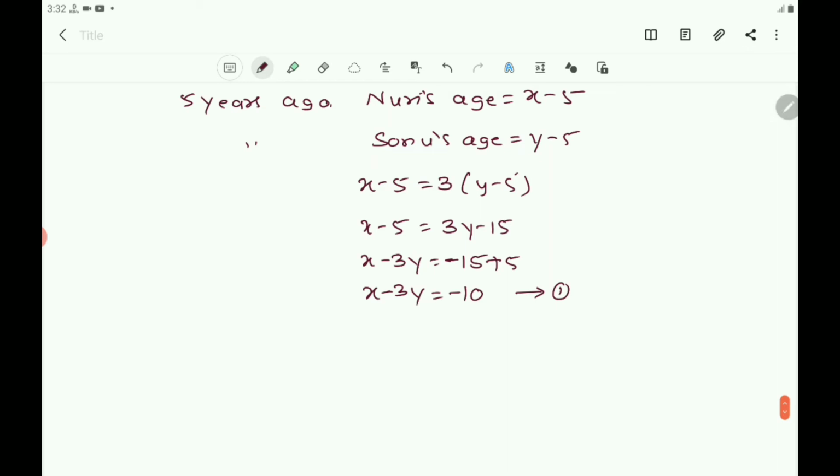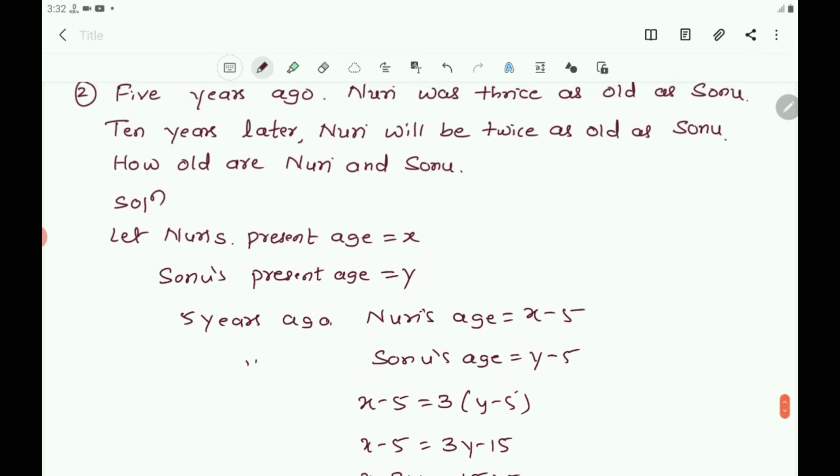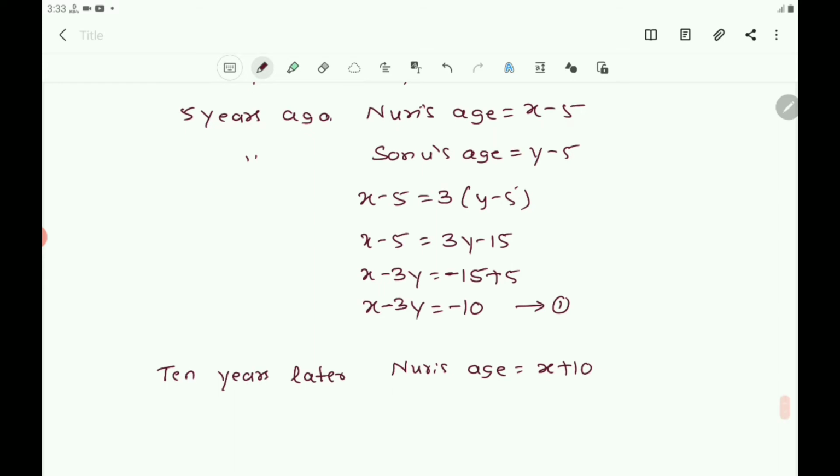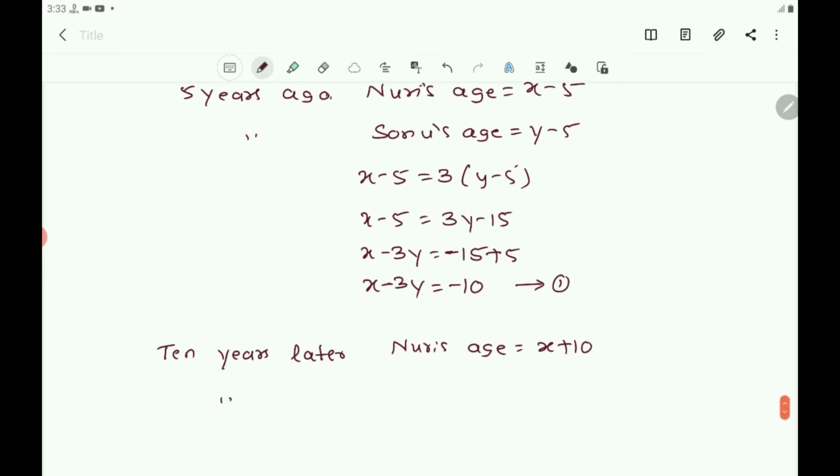So take 10 years later: Nuri's age equals x plus 10, it is after 10 years. And 10 years later, Sonu's age equals y plus 10.